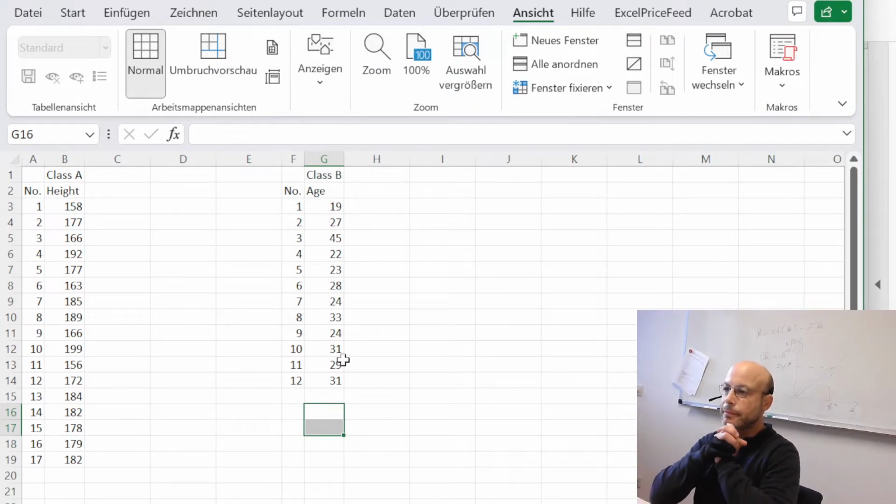Hopefully. So then just a question. Mean absolute deviation, variance, range, something like this you should have heard already.